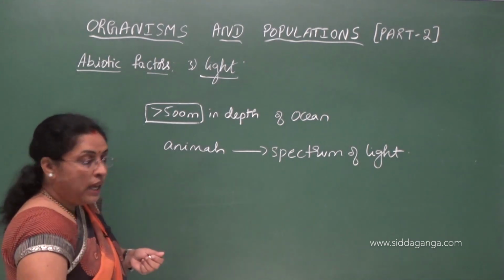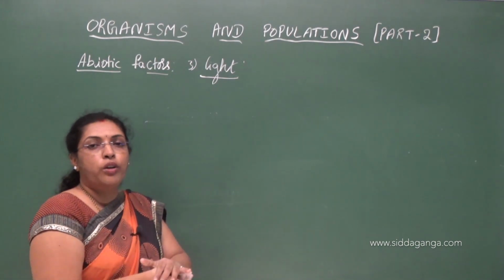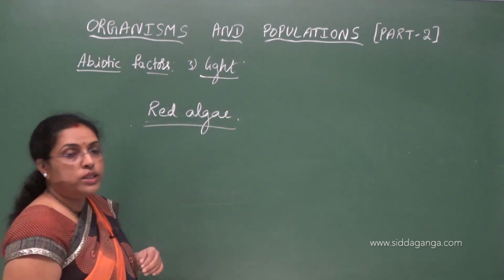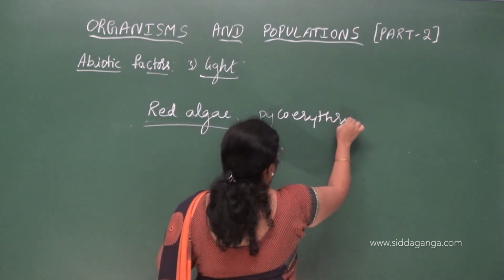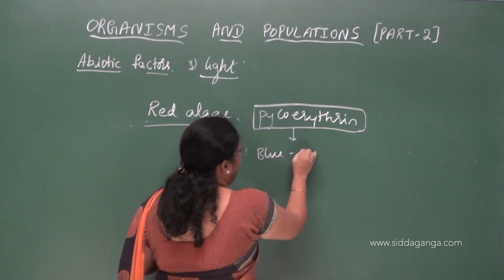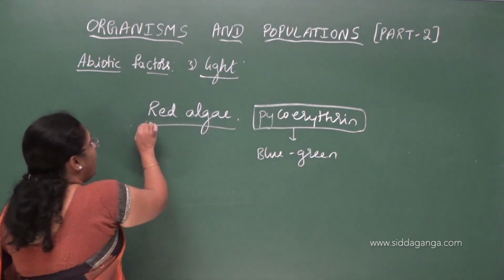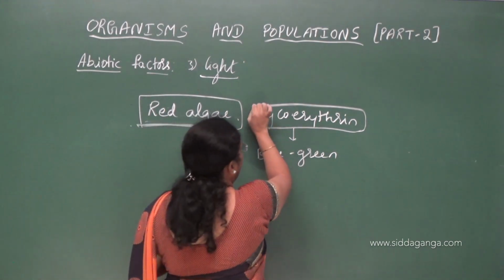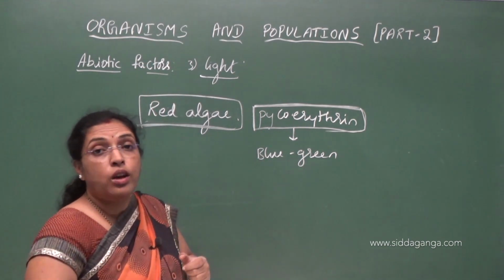And one more point, in the depth of the ocean we see the presence of red algae rather than green algae, because red algae have a pigment called phycoerythrin, which absorbs the blue-green wavelength of the visual spectrum that helps in photosynthesis.